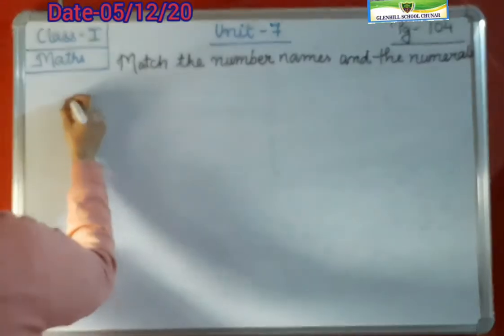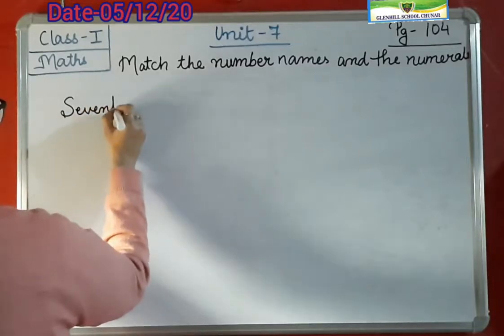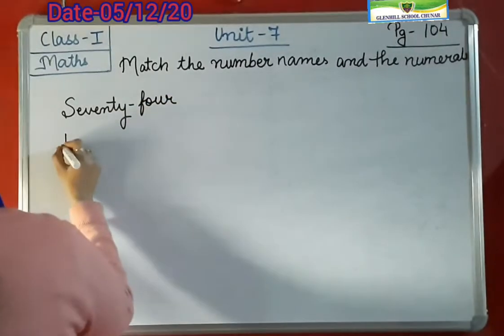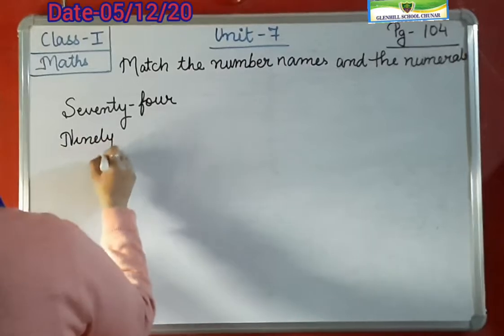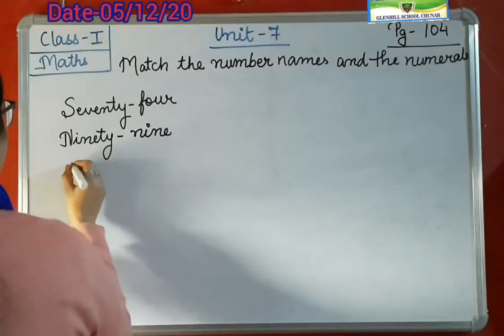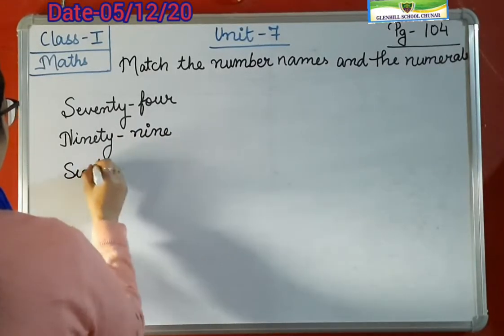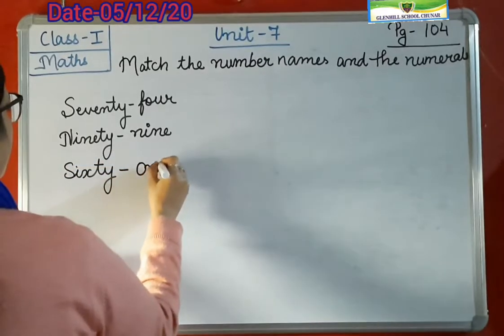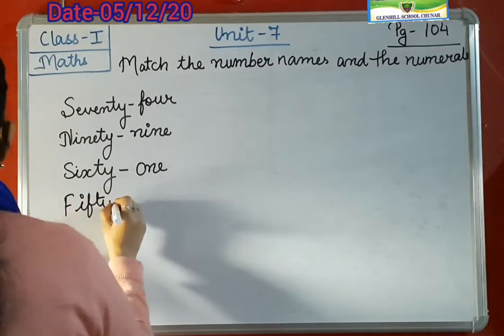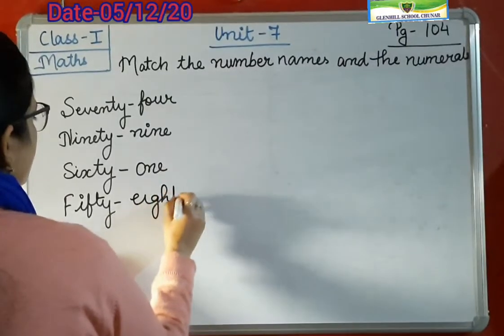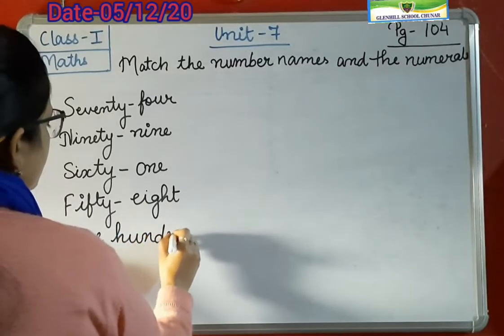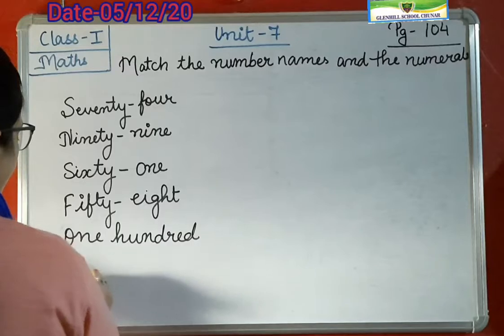so see here, the numbers are 74, 90, 9, 60, 1, 50, 8, 100, 83.